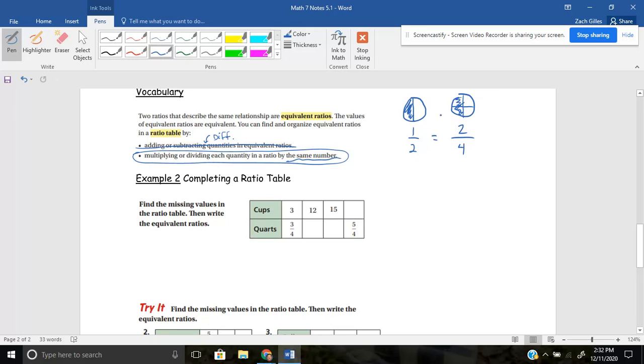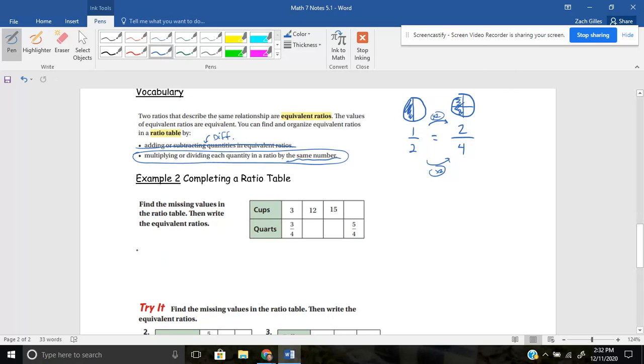That is the same amount. That's what they're saying here. The two ratios describe the same relationship. 1 to 2 is the same as 2 to 4. Why? Well, I multiplied both my top and my bottom by 2. This is the same amount. Okay.